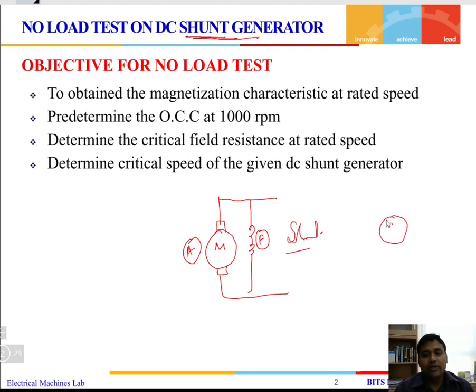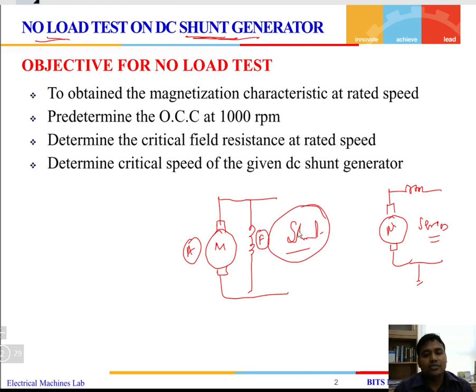If you have any machine whose armature is in series with the field winding, then it is known as the series generator. So this is known as series generator. So the experiment will be done on the shunt generator, and first we'll perform the no load test.